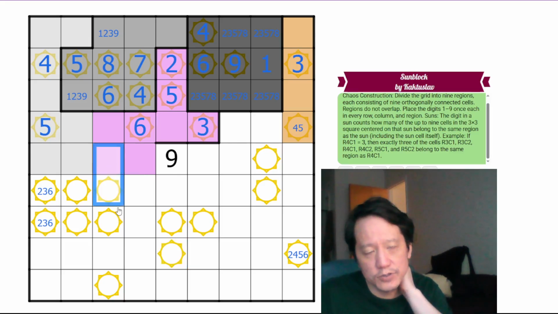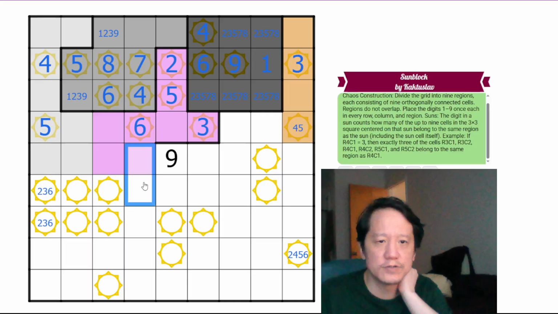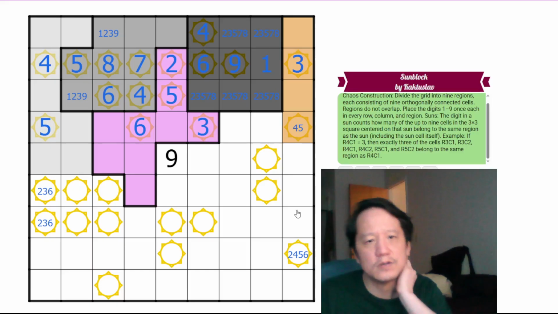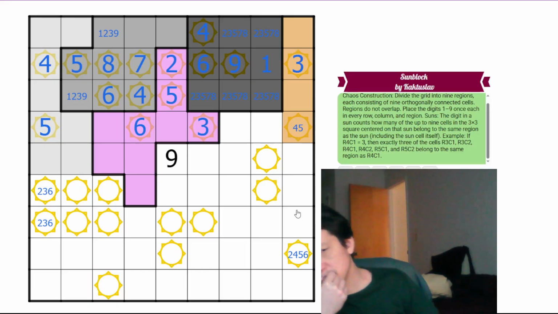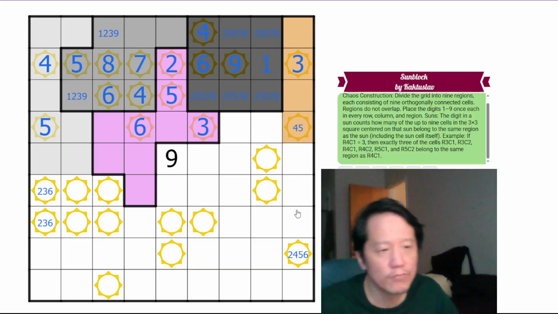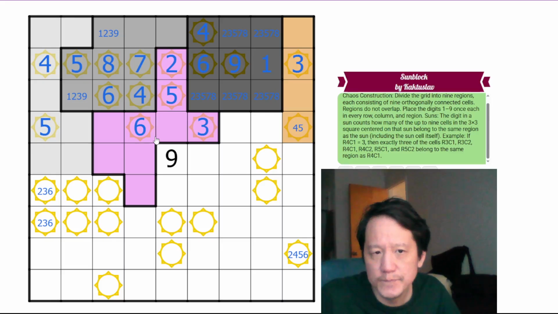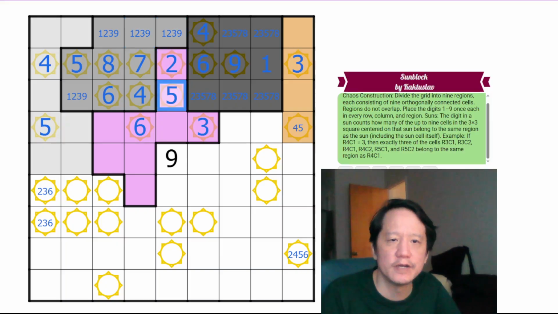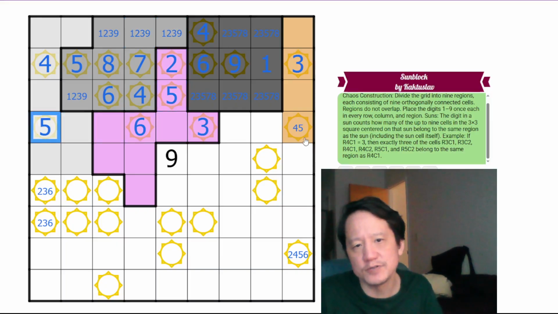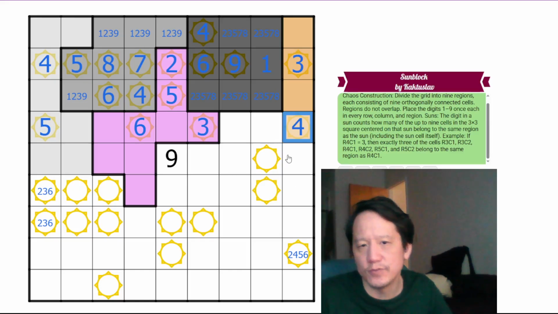We cannot go to the sun because that would be 3, so this would have to be pink that way. So this would be the boundary there. This seems fine so far. 1, 2, 3, and 9. This would be 5, so this cannot be 5. This would be 4.